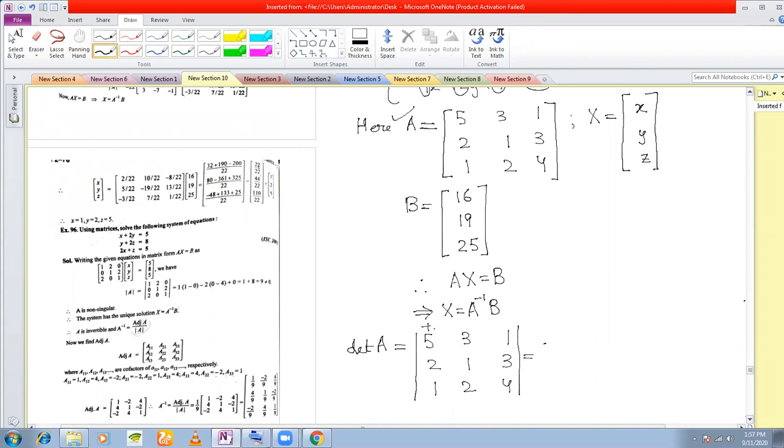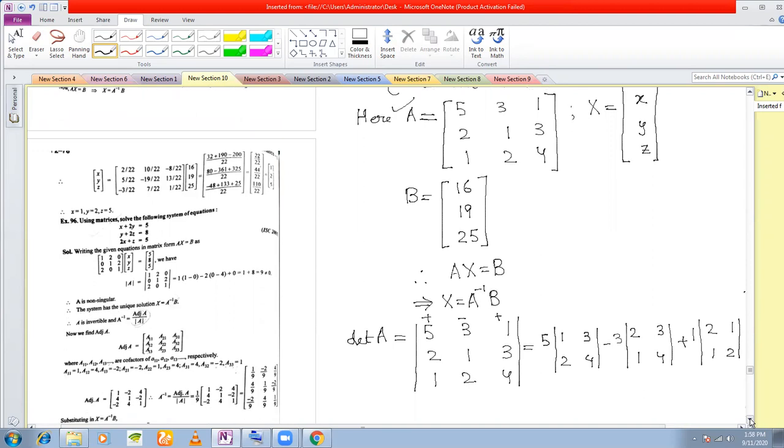So you have a plus, minus, and a plus sign here. So 5, and then the minor is 1, 3, 2, 4, and then a minus 3. The minor here is 2, 3, 1, 4, and then you have a plus 1 into 2, 1, 1, 2.